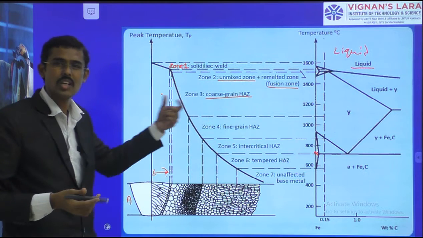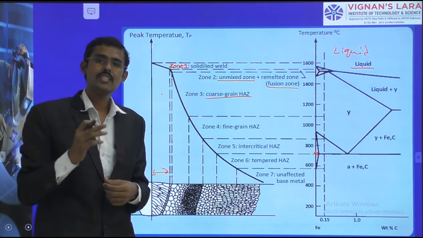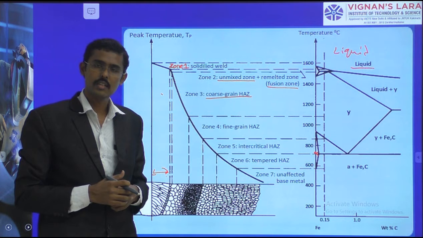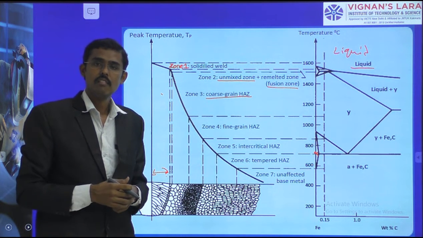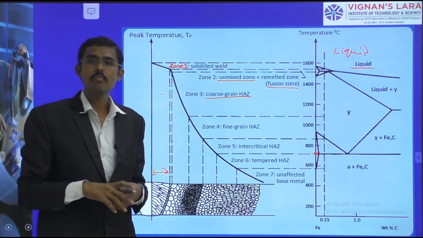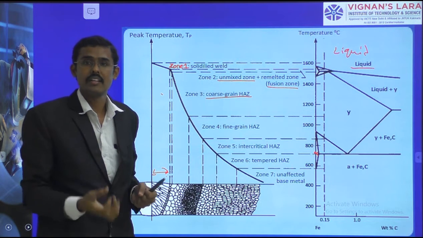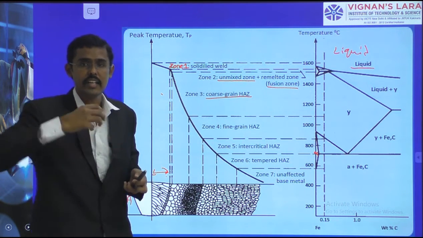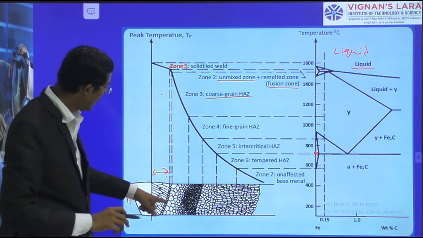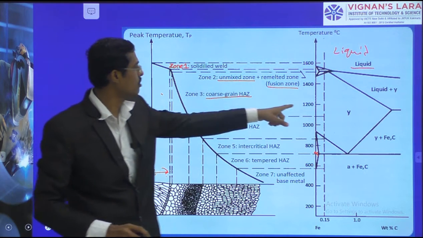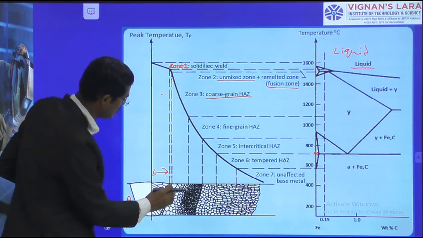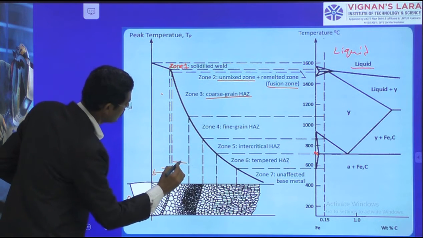What is this coarse grain? We have seen about the solidification process that when it is quickly cooled, it is not finding time for grain development. Therefore, it becomes finer grains. But here we have temperatures around 1200 to 1400, in this zone.